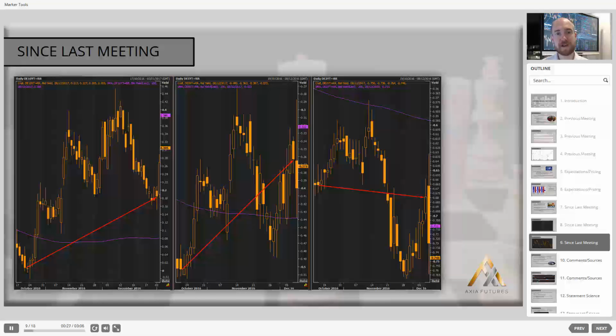This is factoring in that over time we are likely to see some drawback in stimulus and potentially raising rates. 10-year is slightly more focused towards inflation too. So what this is showing is with that increase in GDP, economic expansion, we're likely to see rates at higher levels later on down the line.